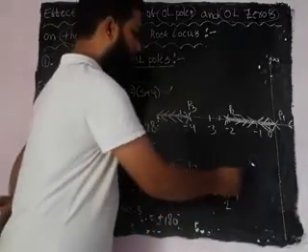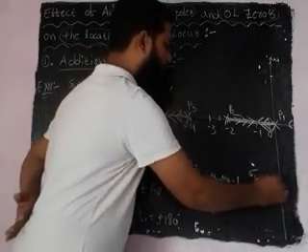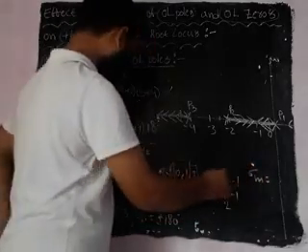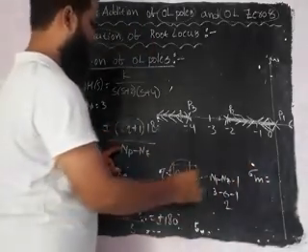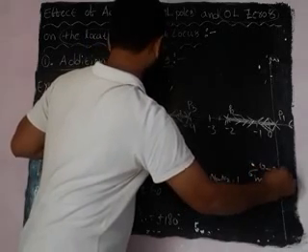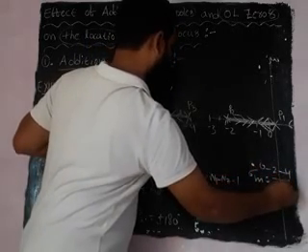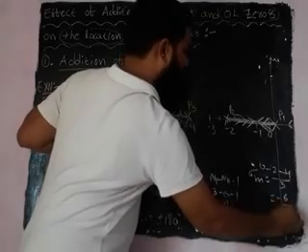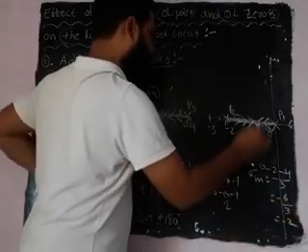For the centroid, we take the sum of poles minus the sum of zeros divided by the number of poles minus zeros. So 0, minus 2, minus 4 by 3, that is minus 6 by 3, that is minus 2. The centroid is minus 2 for this one.